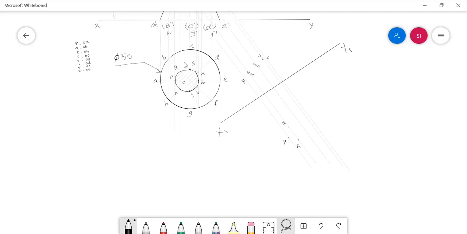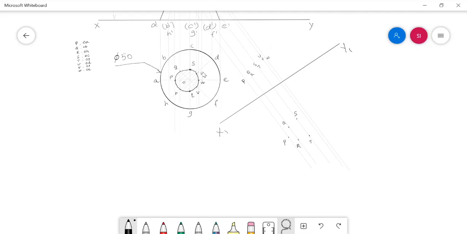And measure the distance between the point S and XY line. Mark the point S with respect to x1, y1. This is S. And in the same way mark the point T also.